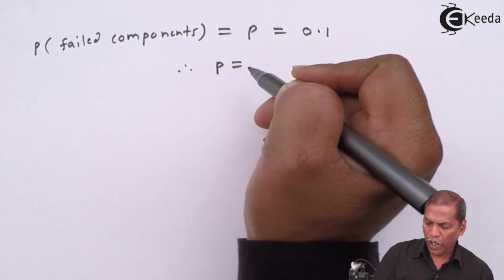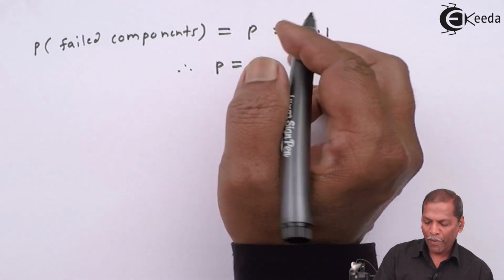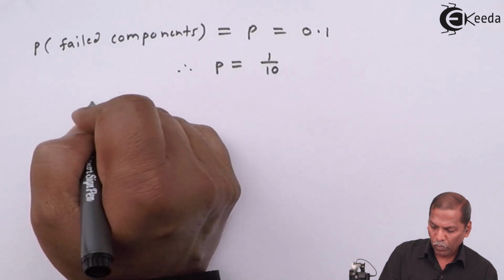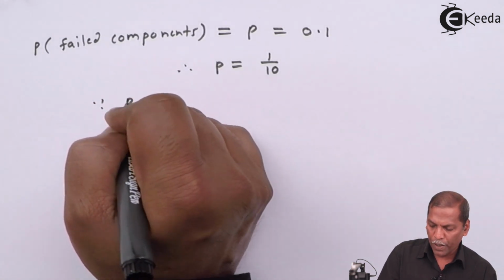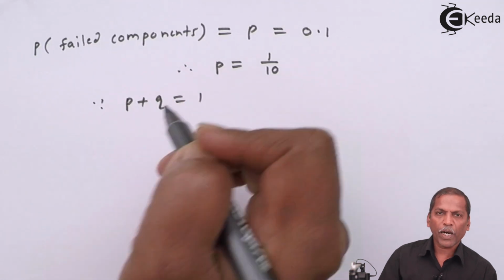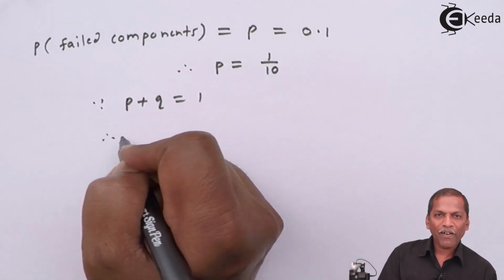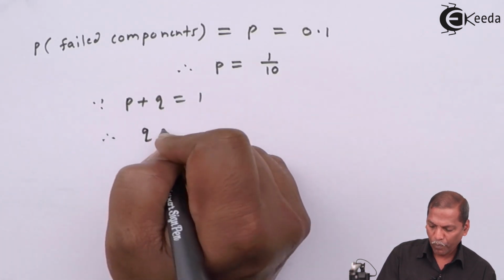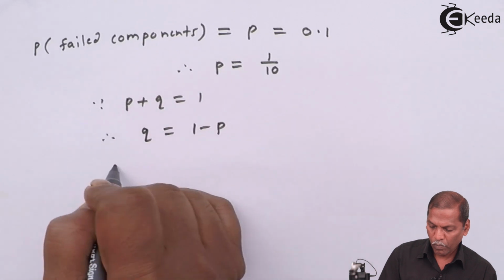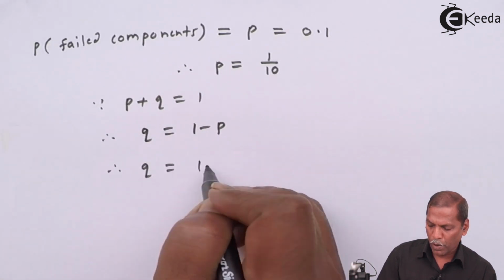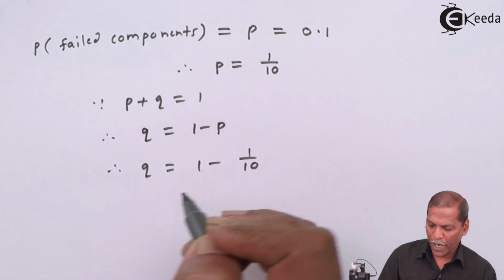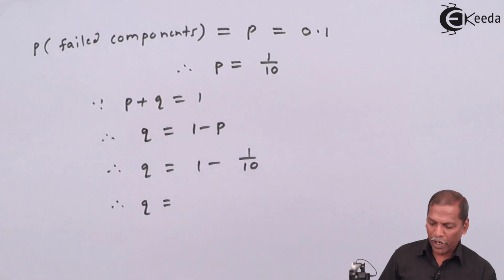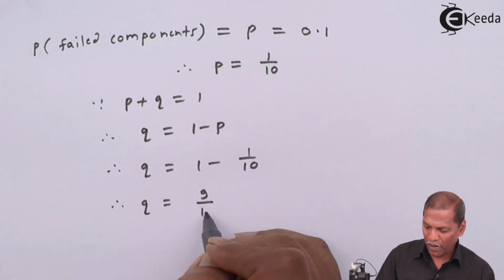Therefore, p equal to 1 upon 10. Since we have p plus q is equal to 1, from that we get q equal to 1 minus p. Therefore, q equal to 1 minus 1 by 10. On cross multiplying, we get q equal to 9 upon 10.